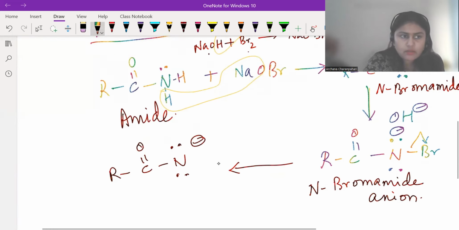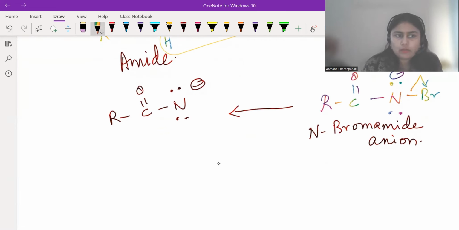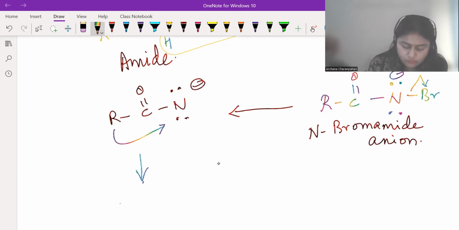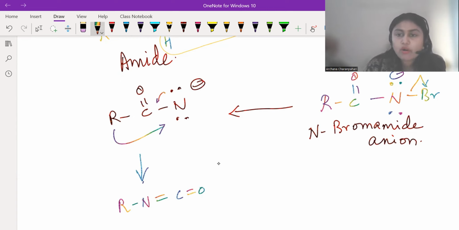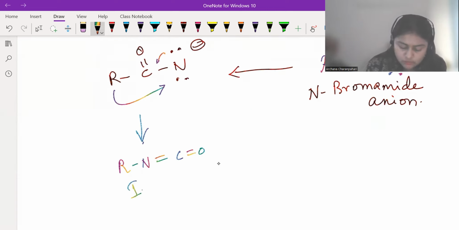Then this R will go to nitrogen to give you R N double bond C double bond O, which is nothing but your isocyanate.